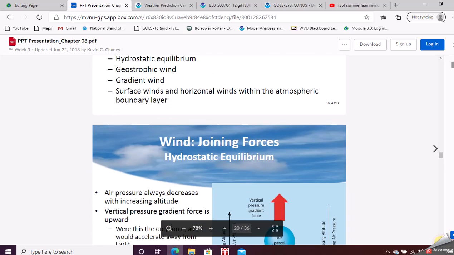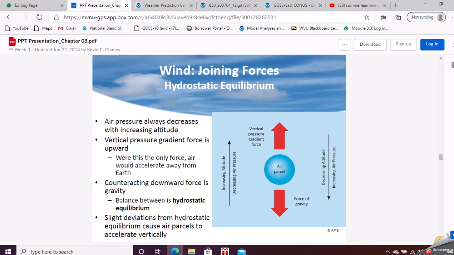So let's just take a look at the hydrostatic equilibrium. All right, we talk about the pressure gradient in the vertical, and I mentioned to you how strong it is compared to the horizontal pressure gradient, and it acts upward. The vertical pressure gradient is extreme. But why doesn't all the gas leave the Earth? Because it's in hydrostatic equilibrium.